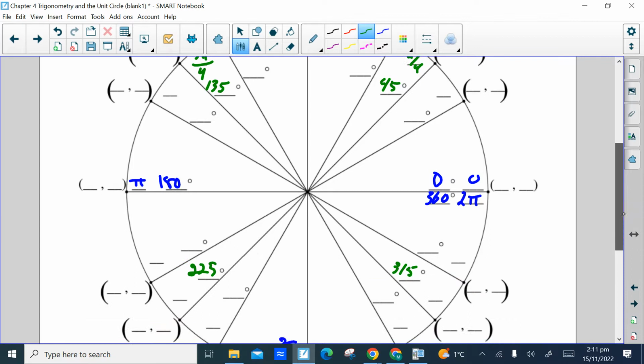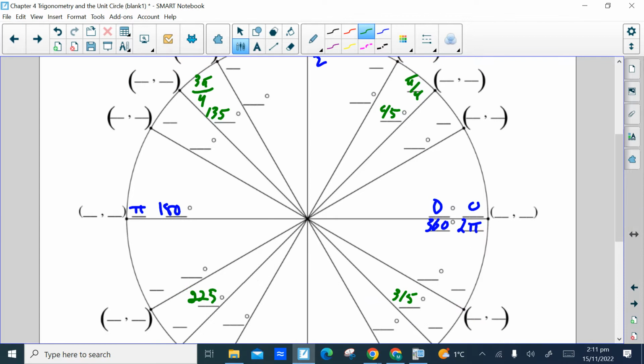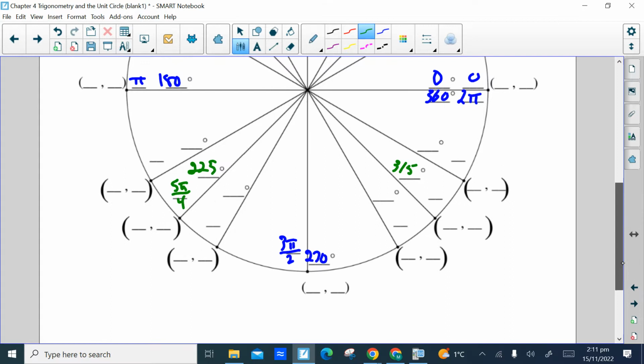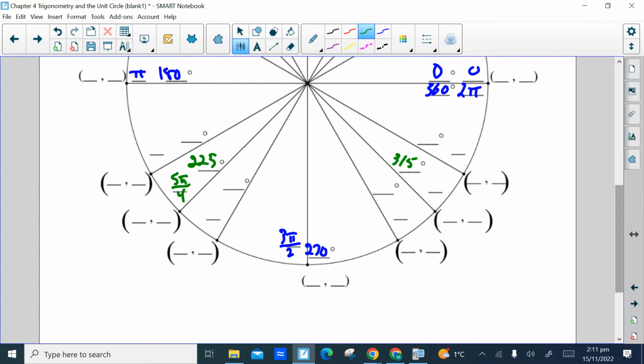Another 45 takes us to 180, which is 4 pi over 4, or pi. And then 5 pi over 4. Another 45 takes us to 270, which is 6 pi on 4. That reduces to 3 pi on 2. And then we have 7 pi on 4. Another 45, we're at 360, which is 8 pi on 4, or 2 pi.